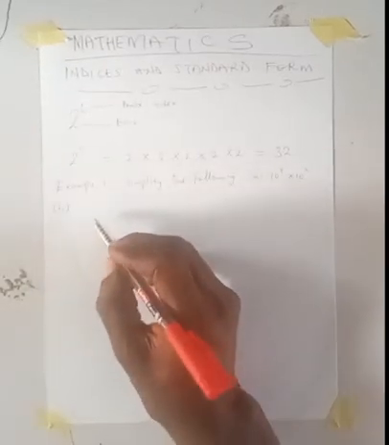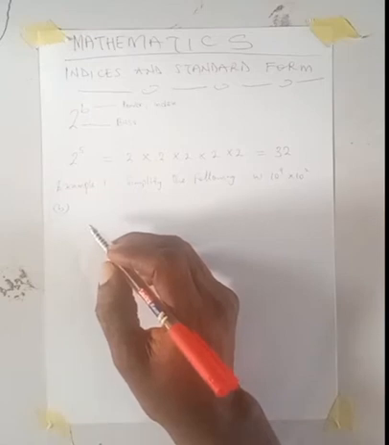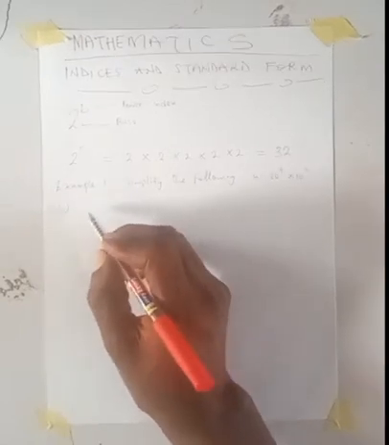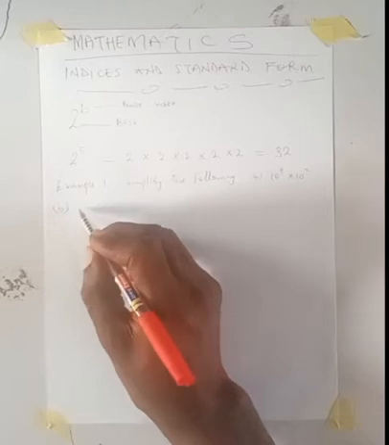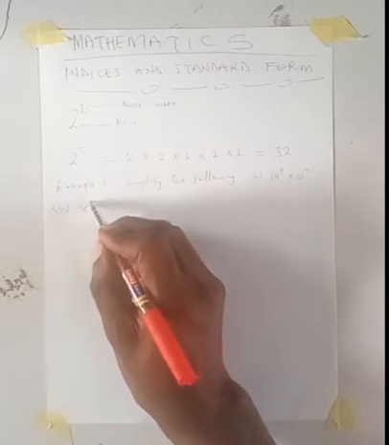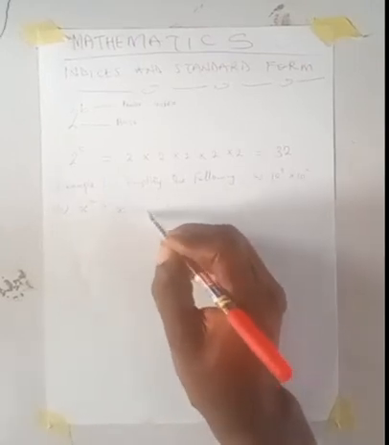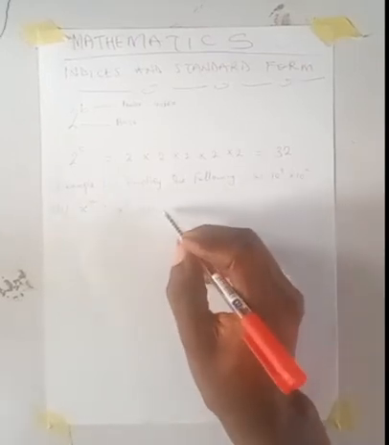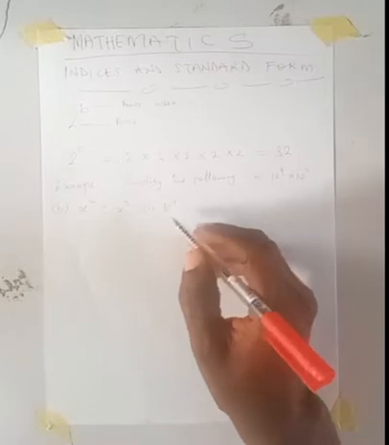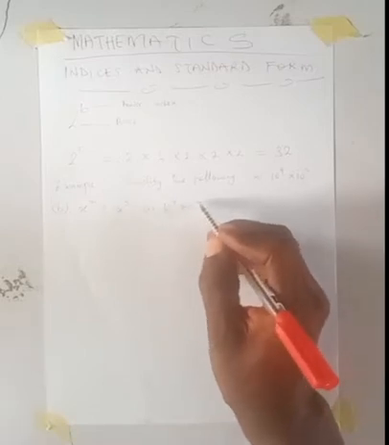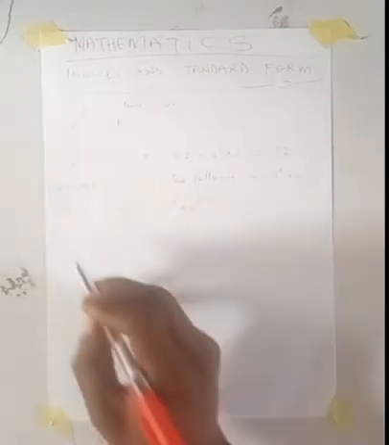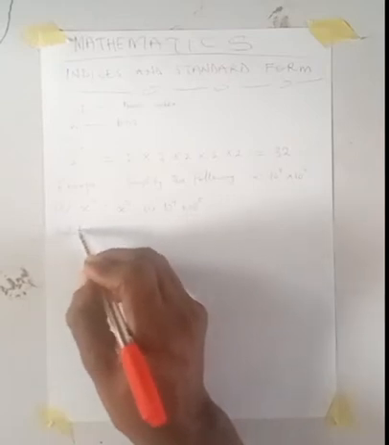B: x raised to power 2 multiplied by x raised to power 3. C: 10 raised to power 4 multiplied by 10 raised to power 5. So, solutions.